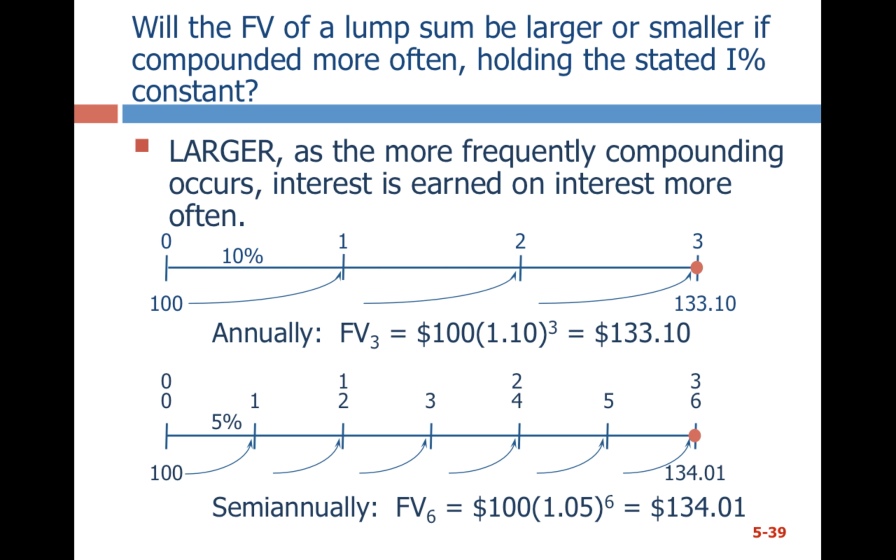In that case it would be larger, as there's more frequent compounding. Interest earned on interest happens more often, and therefore you're going to end up with a larger future value, as you can see here. If it's semi-annually compounded over 3 years, that's 6 periods of compounding, and that will make the value larger than just annual compounding over 3 years.